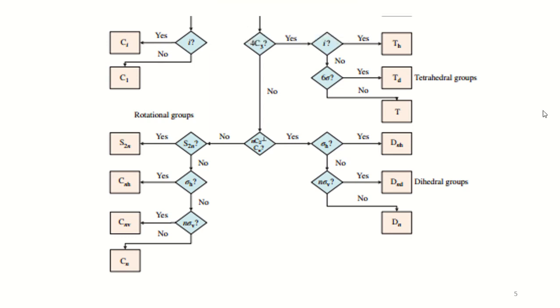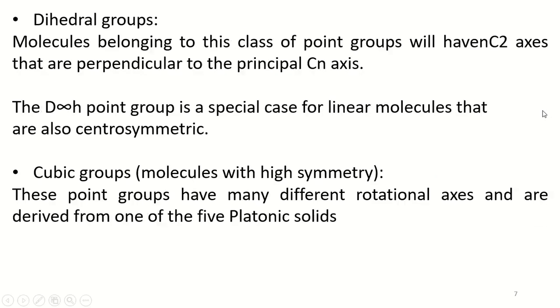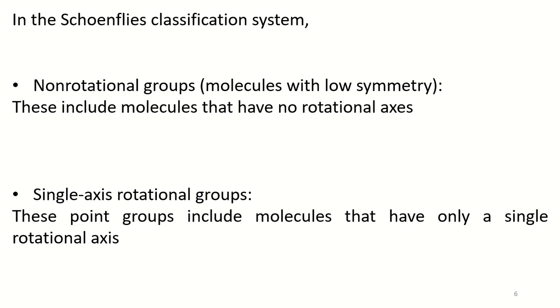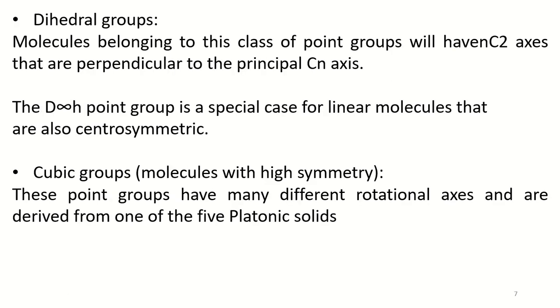The fourth one in the Schoenflies classification system is the cubic groups, which are molecules with very high symmetry. These point groups have many different rotational axes and are derived from one of the five Platonic solids.